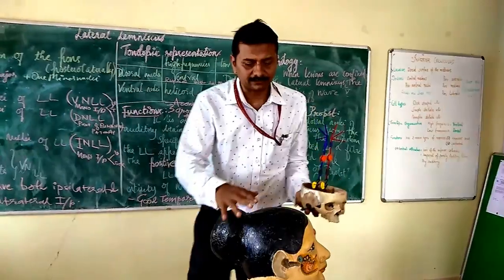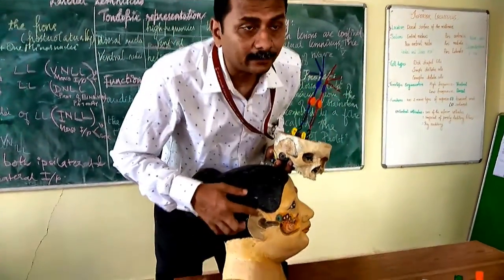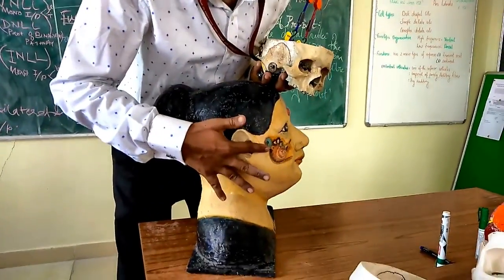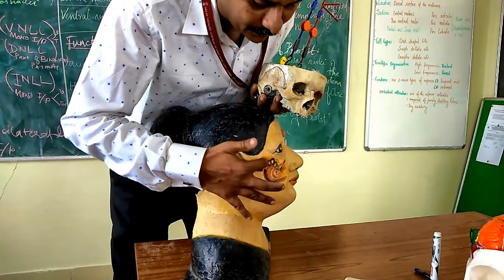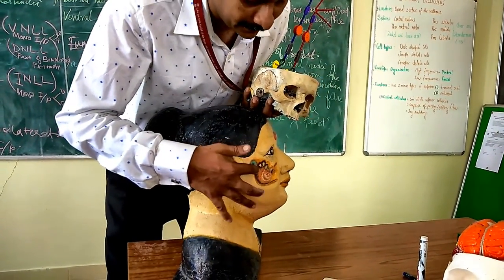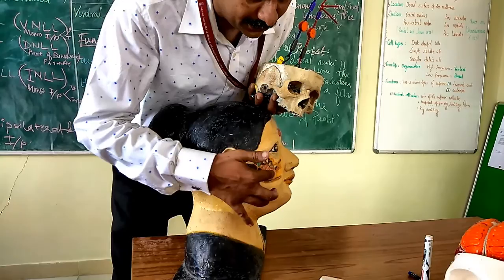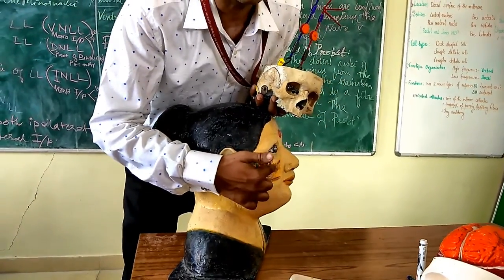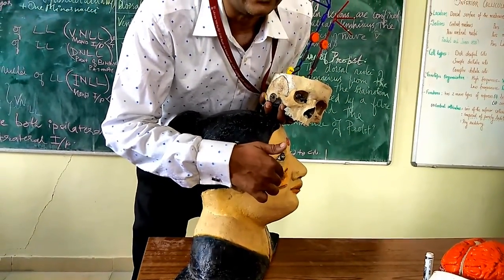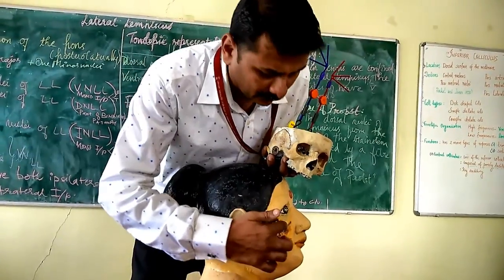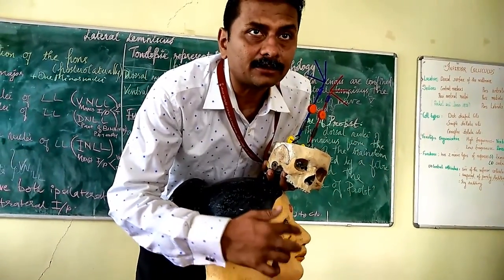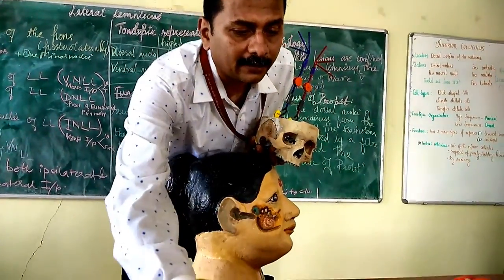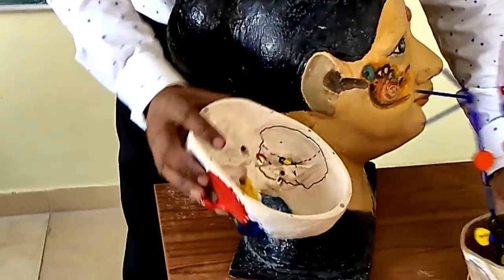Now we have understood, just a review: we have the external ear till here, we have a middle ear, 3 bones, 6 walls, we have the inner ear coded in orange. From there comes a nerve known as the vestibulocochlear nerve, which goes inside the internal auditory meatus.